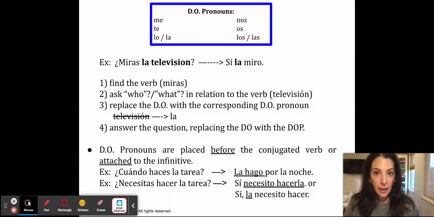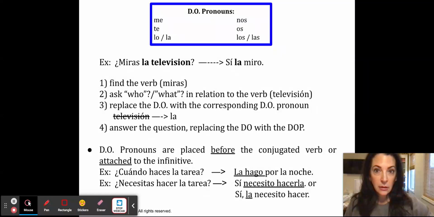Like any pronouns, remember we've seen reflexive pronouns, and we're going to see indirect object pronouns in the next chapter. We have to know where to put those pronouns in the sentence. If you have one verb, just a conjugated verb, they're going to go before the conjugated verb. For example, ¿cuándo haces la tarea? The verb haces.